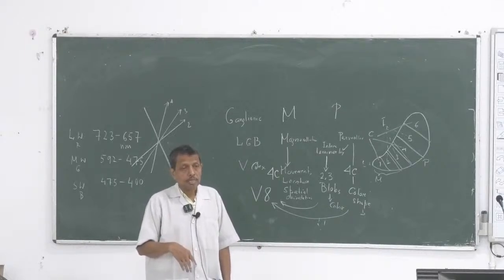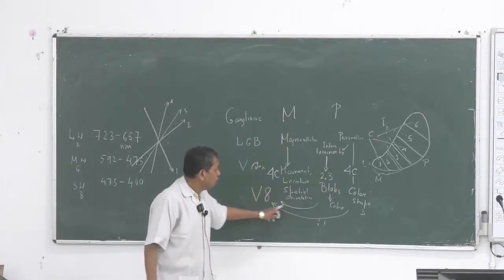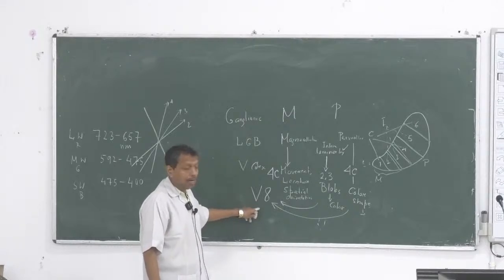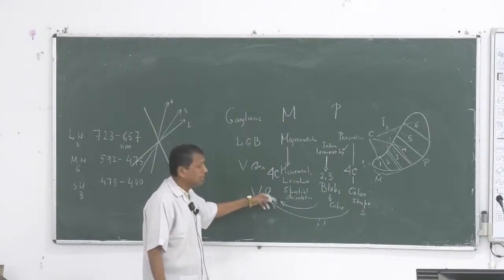Now, in case of color, two systems project into V8 and also other areas. But how the color we perceive is not known.